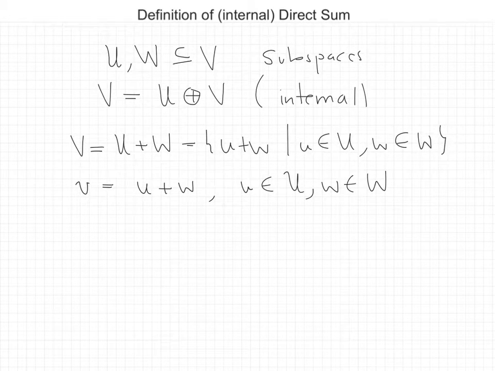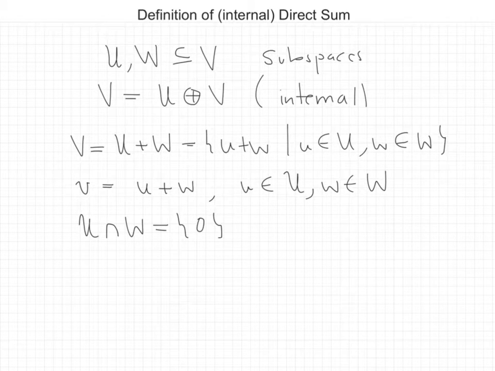And the second condition, which makes the sum direct, is that if we look at the intersection of the two subspaces, that will be the zero space alone. This precisely means that this presentation of the vector v as a sum is unique.